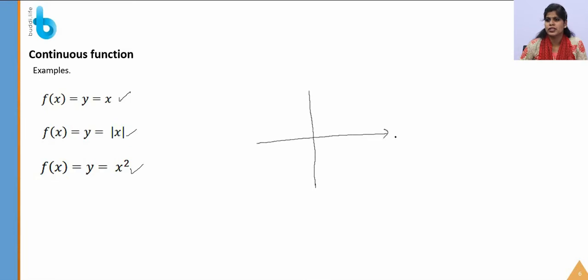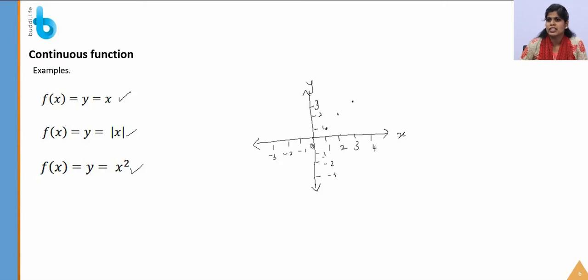Take the x axis and y axis. On an xy plane, if you plot the function y equals x, it means if x equals 1, y is also 1, if x equals 2, y is also 2, and if x equals 3, y is also 3.